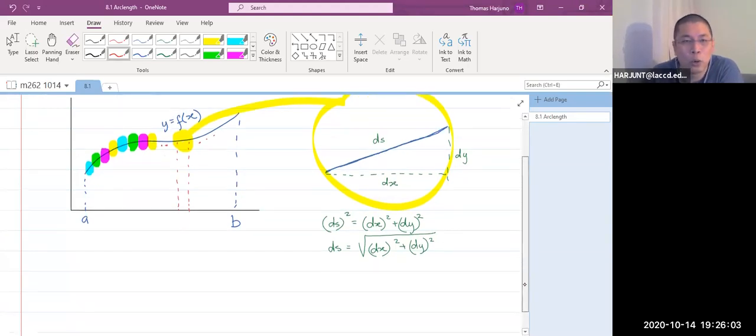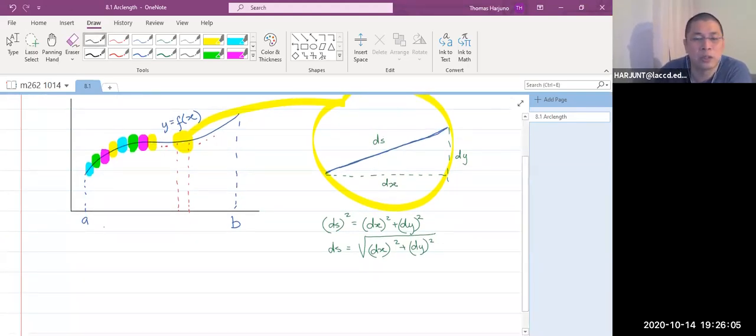So basically then the arc length that we are looking for is equal to the summation of such ds, where that ds is supposed to be super small.